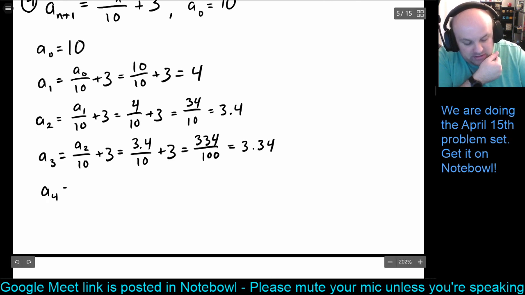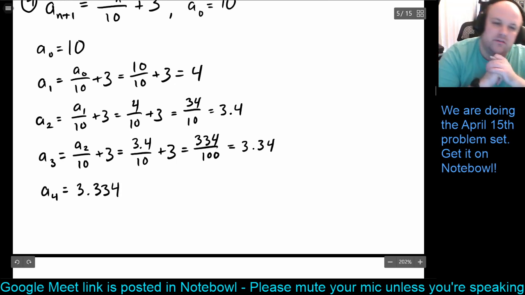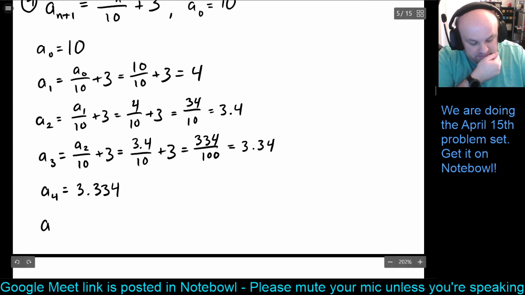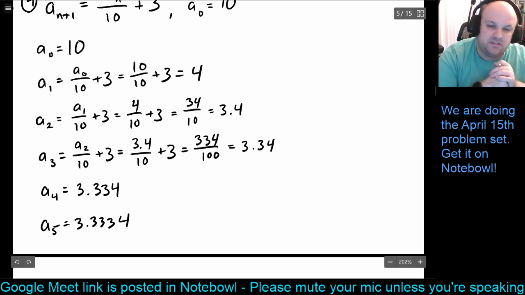You can figure out that a4 is going to be 3.334, right? And maybe you can see eventually what's going to happen here is, this pattern's going to continue. We're just going to keep getting more 3s like this.